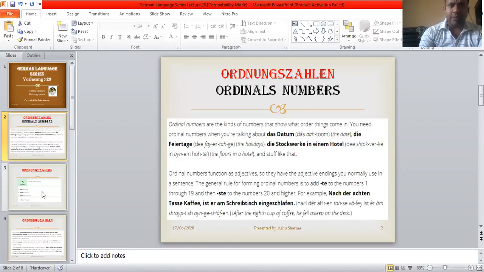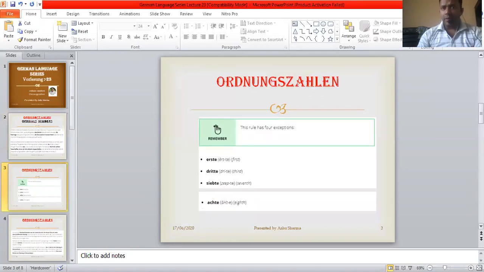Here we have some exceptions. These rules have four exceptions. For first we say erste, for third we say dritte, for seventh we say siebte, and for eighth we say achte.